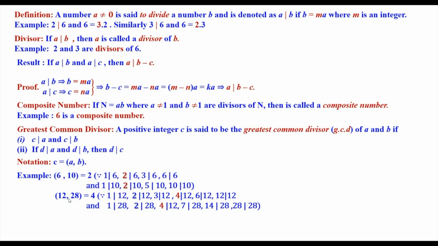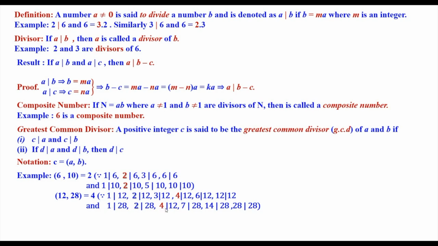And similarly, if you consider 12 and 28, say, then 1, 2, 3, 4, 6, 12 all divide 12, and in the same way 1, 2, 4, 7, 14, 28 are all divisors of 28. So we have 1 to be a common divisor, 2 to be a common divisor, 4 to be a common divisor.